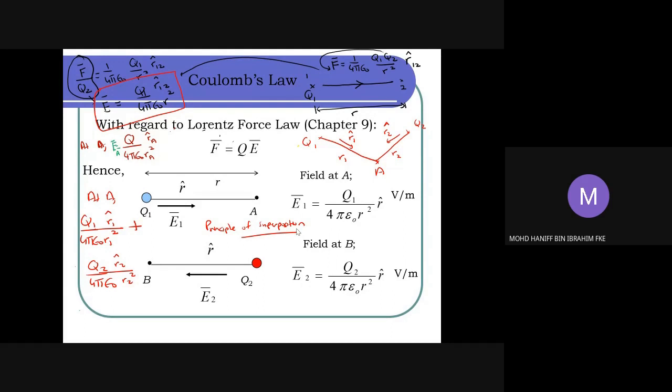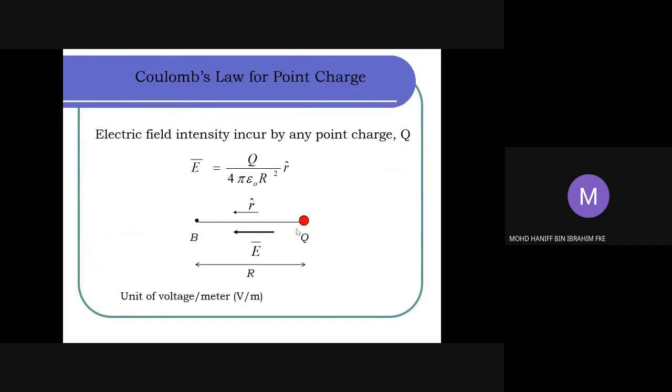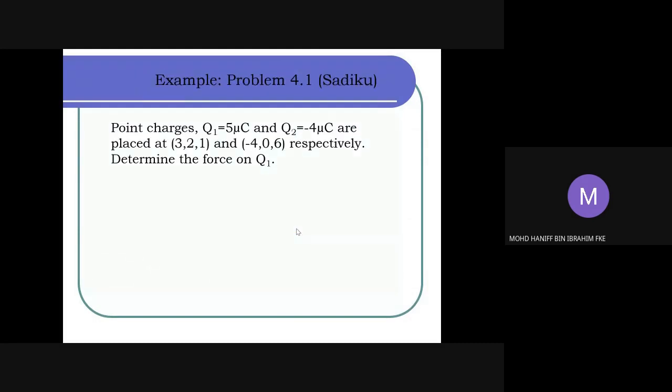I hope I have made it clear on Coulomb's law, the migration from the force to the electric field intensity. I don't have to proceed with this slide, as we discussed this in the previous slide. Right, so let's have a look at this example.